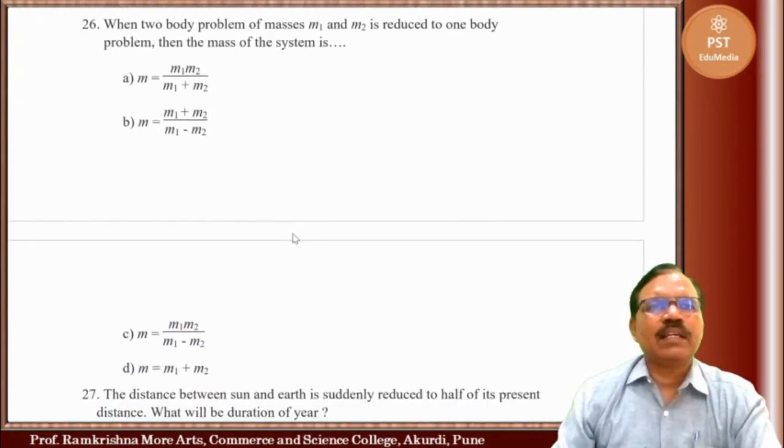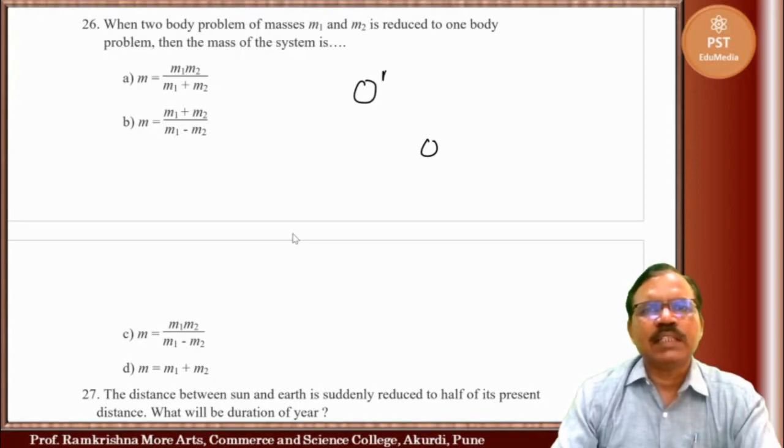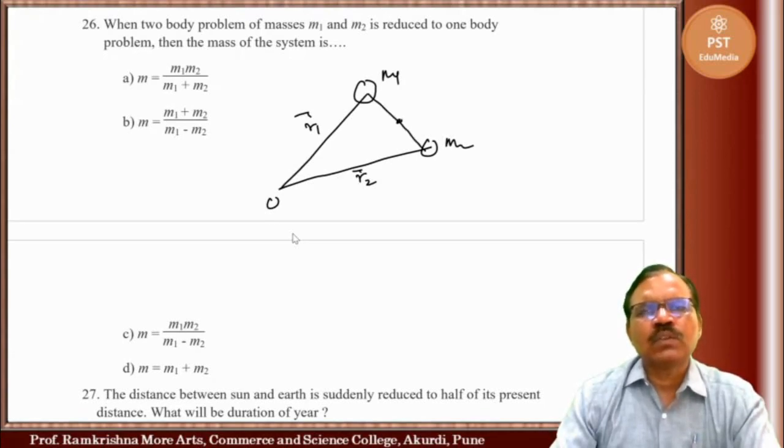When a two body problem of masses m1 and m2 is reduced to a one body problem, then the mass of the system is, means suppose we have two masses m1 and m2 with position vectors r1 and r2 from the center, then we can reduce this to a single body problem with position vector r and mass m, and this mass m is m1 m2 upon m1 plus m2.